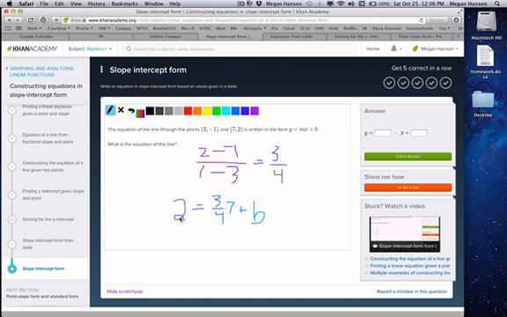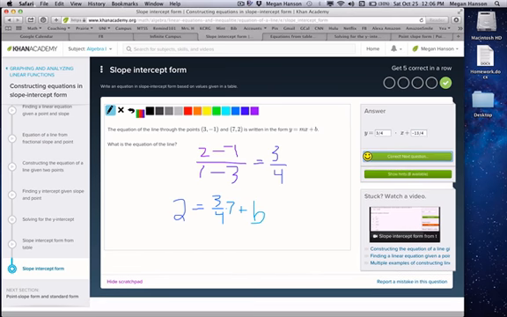So 2 would be 8/4. 8/4 minus 21/4 would give us -13/4. So our equation should be y equals 3/4 x plus -13/4. All right. So some of these are going to be messy, but remember that Khan likes fractions.